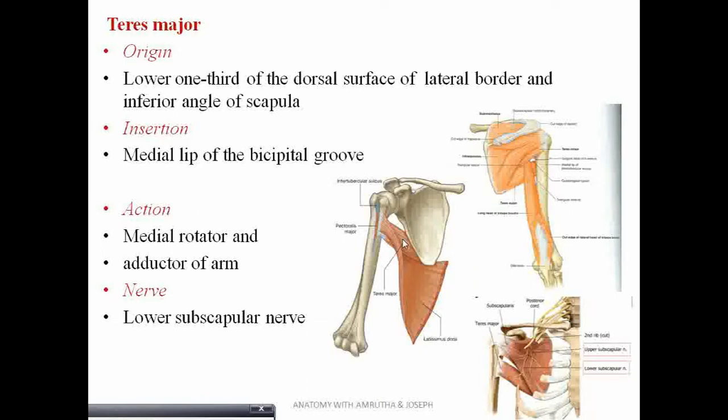Action: medial rotator and adductor of the arm. Nerve supply: lower subscapular nerve. We have seen the upper subscapular nerve and lower subscapular nerve. The lower subscapular nerve supplies the subscapularis and it also supplies teres major.